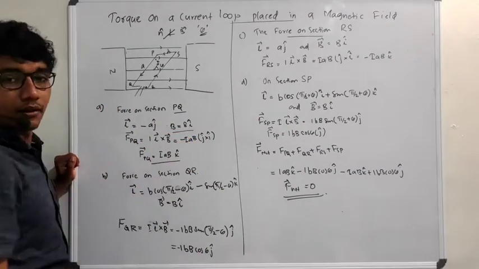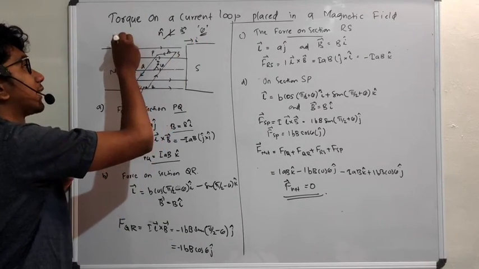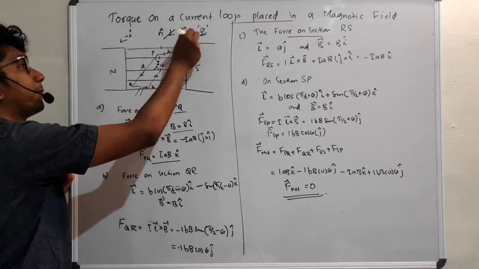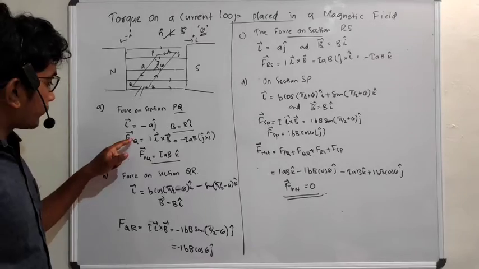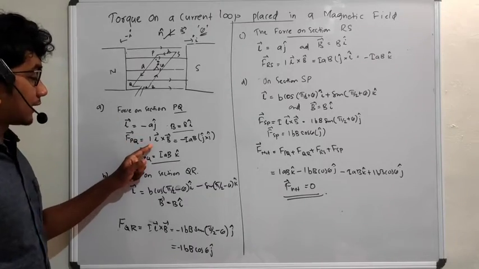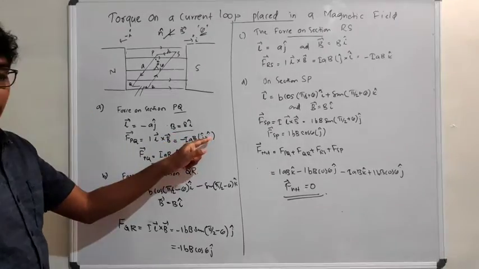B is always B i. We consider this direction as i and this direction as minus i cap. And FPQ is equal to I into L cross B, that is I into ab j cross i.